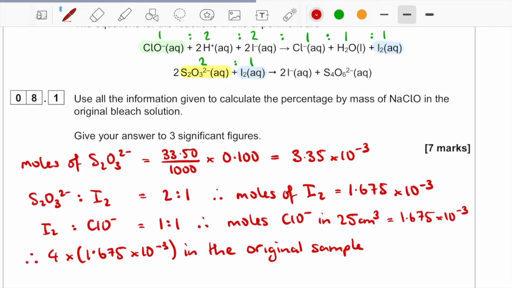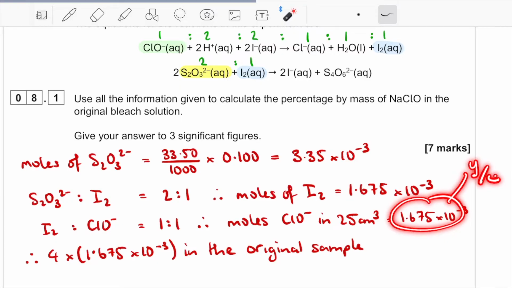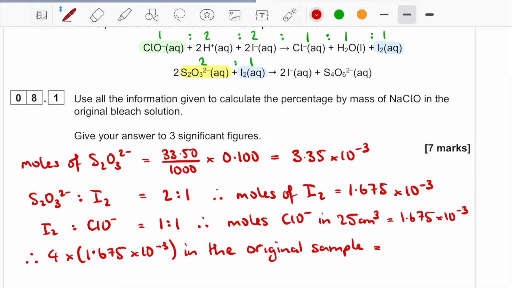So just to be clear, here was when we went through it was our y over 4, so this is going to be our y. So that equals 6.7 times 10 to the minus 3. So that's moles.